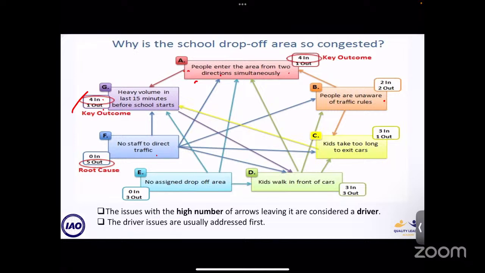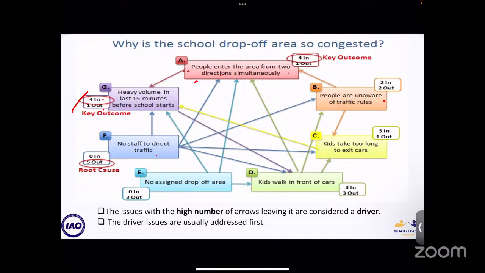So I can use the interrelationship diagram to find the root cause of the problems. If I count the number of out arrows, the problem with the most out arrows is the root cause. 5 out means this problem has caused 5 other problems. 3 out means this problem has caused 3 other problems. 2 out, and so on.